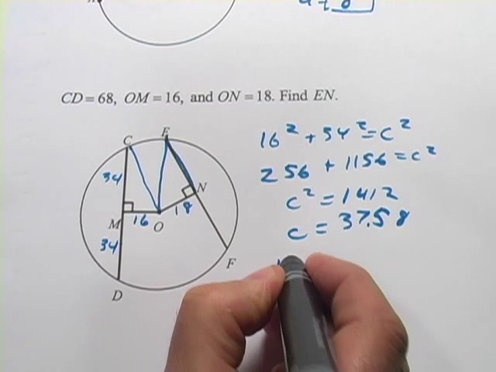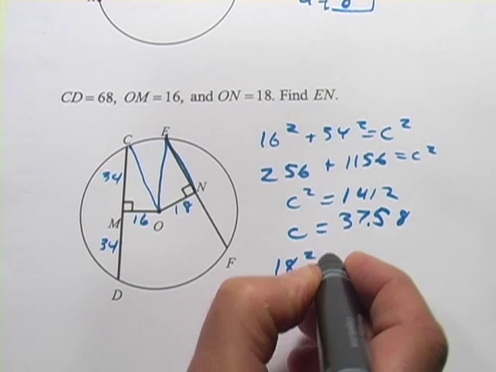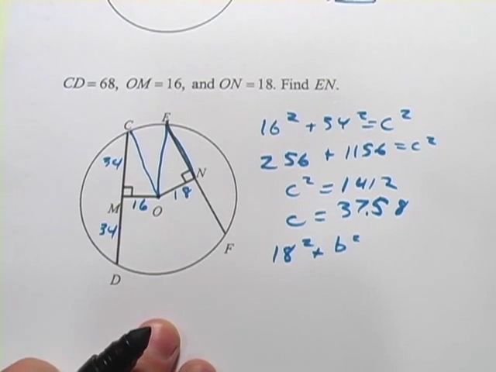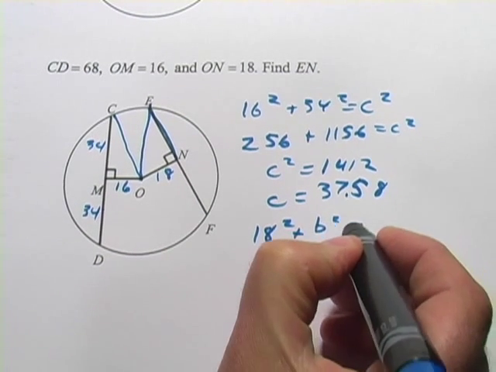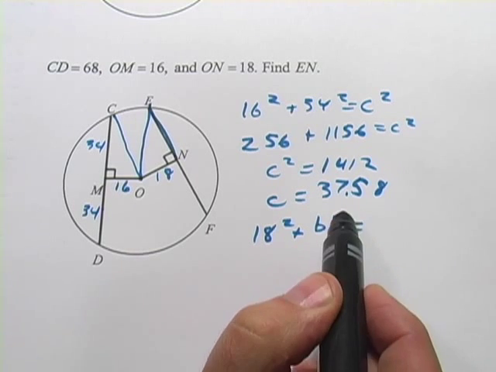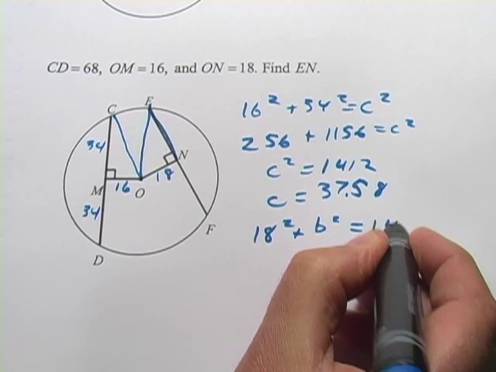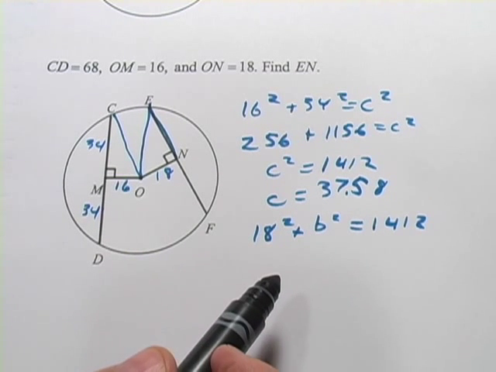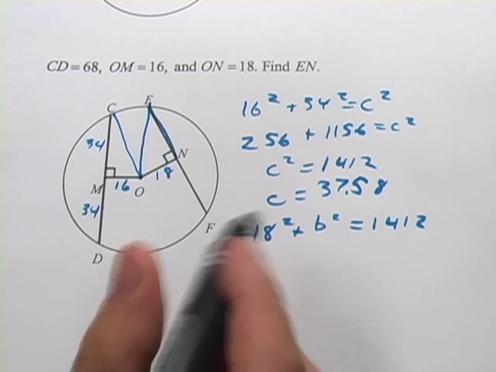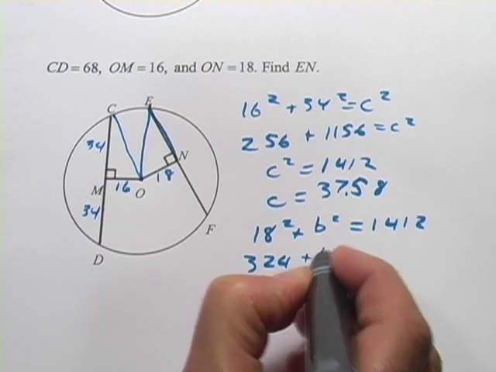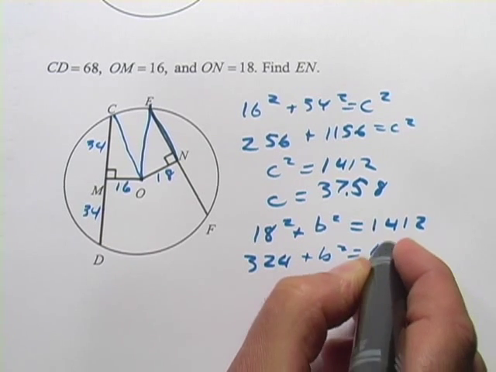And so we would have 18 squared plus B squared, which is our EN, equals, well, I guess I didn't need to go ahead and take the square root of that because I'm just going to square it back up. So I'll just put it in here, 1,412. That's C squared. And then 18 squared is 324 plus B squared equals 1,412.